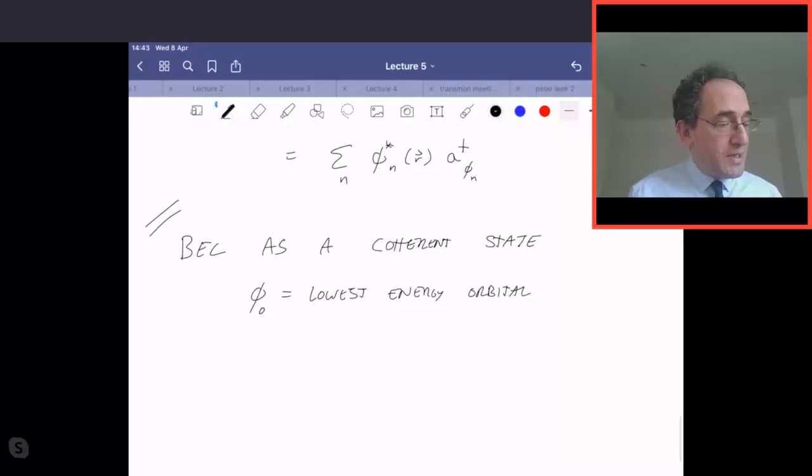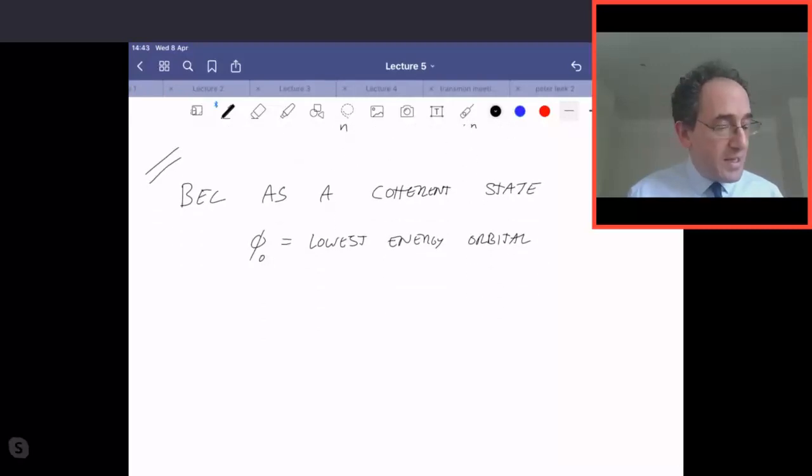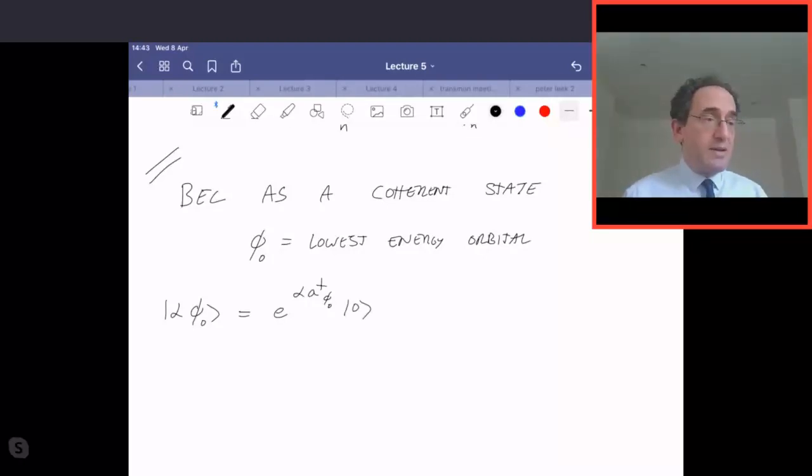And I'm going to change my notation very slightly. I'm going to write alpha phi naught to indicate that I'm filling orbital phi naught with a coherent state of amplitude alpha, and this is going to mean e to the alpha a dagger phi naught, where a dagger phi naught creates a boson in the orbital phi naught, acting on the vacuum.